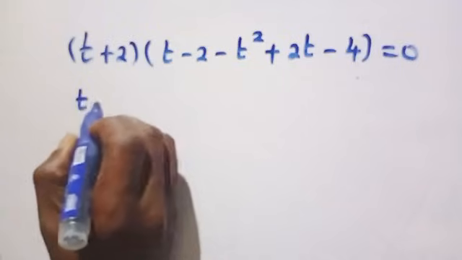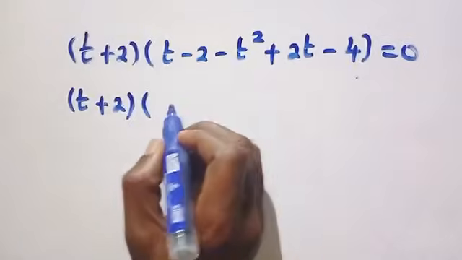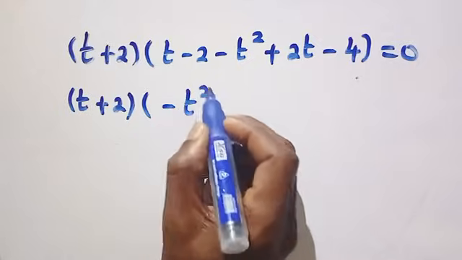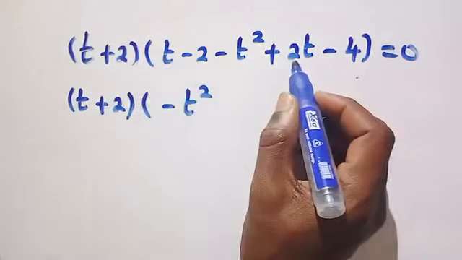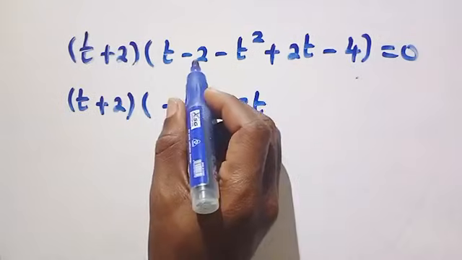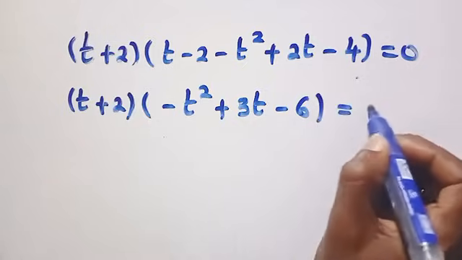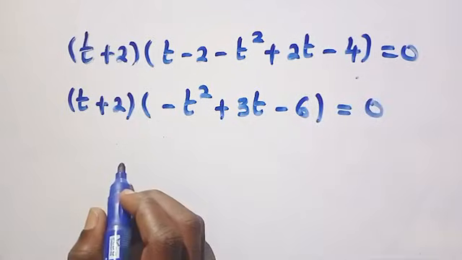Then we have t plus 2 bracket, here we have minus t squared, so t plus 2t, this gives 3t, minus 2 minus 4, that gives us minus 6 equals 0.